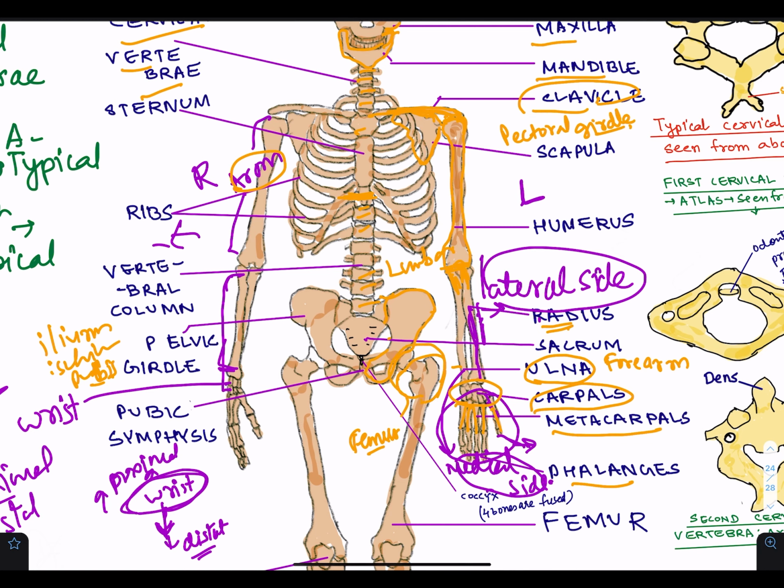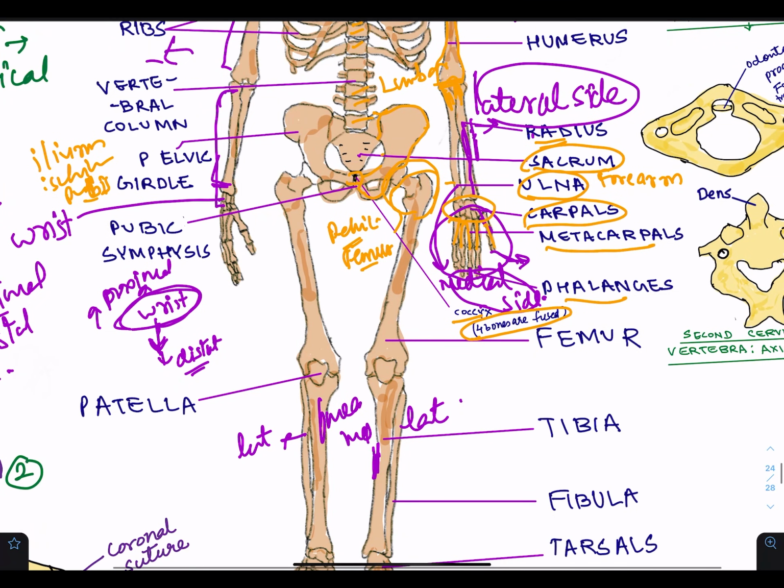So the hip bone and the femur constitute the pelvic girdle. There is one more bone known as sacrum, which is a fused bone, and below the sacrum there is the coccyx. There are 4 bones fused to form the coccyx.